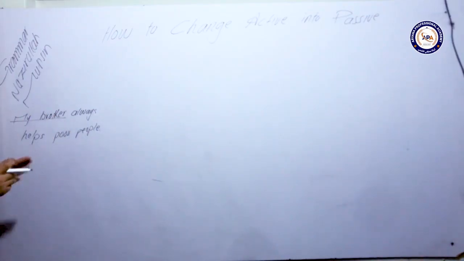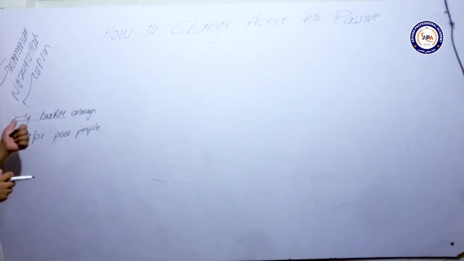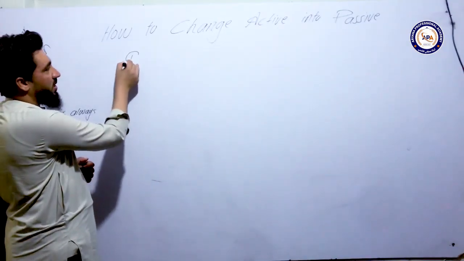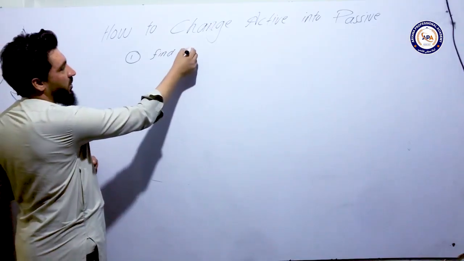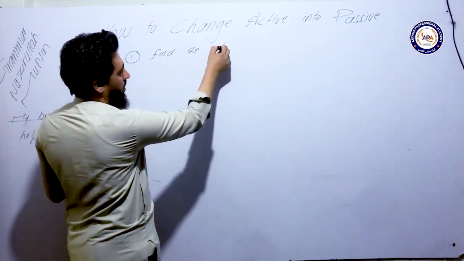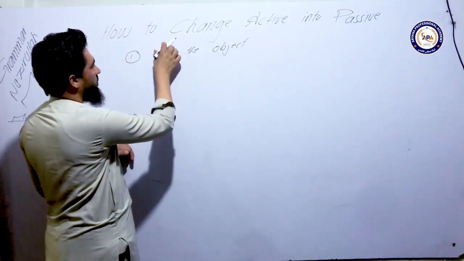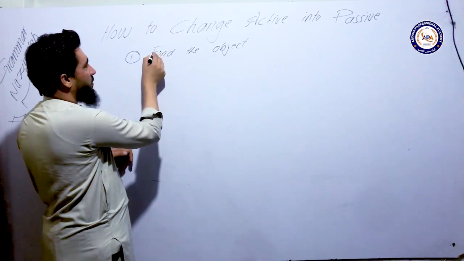Now we're going to implement all the steps of changing an active voice sentence into passive in this example. So step number one, if you want to change a sentence into passive, first you have to find the object. Find the object.